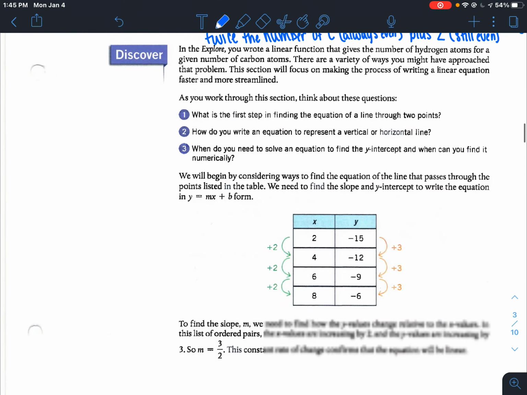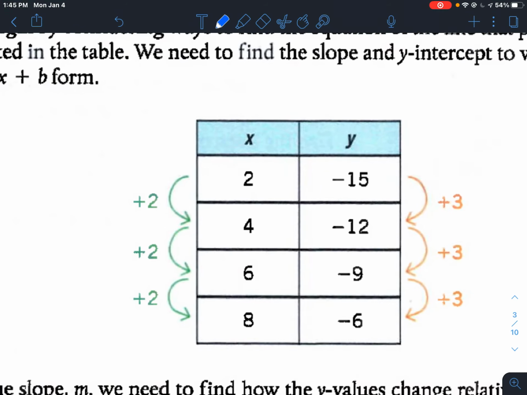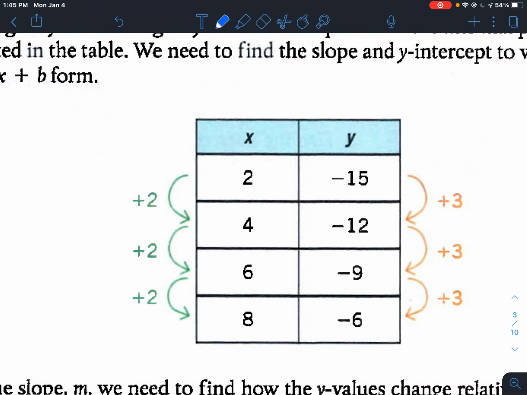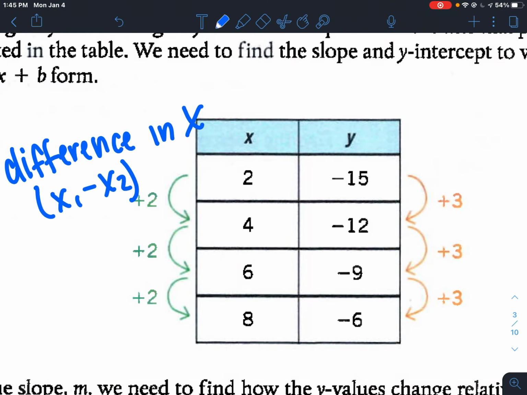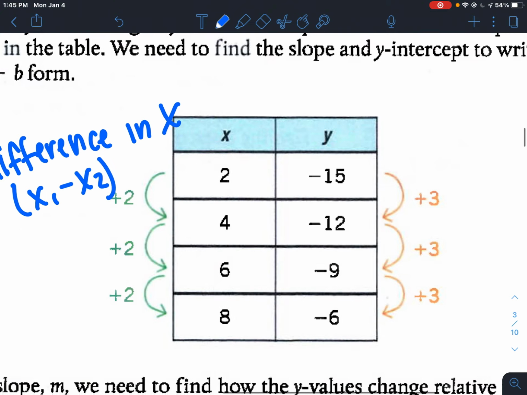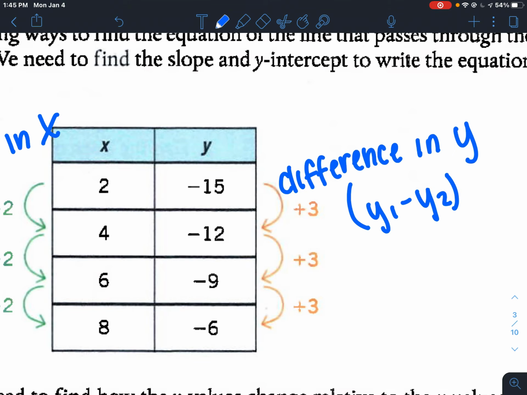Okay, moving on. This next little part is talking about slope from a table. We can always find the slope of a linear function if we're given this table here. So what these little arrows are doing is the difference in x, which is just x1 minus x2 or x2 minus x1. And then the y's, same thing, the difference in the y's, y1 minus y2.